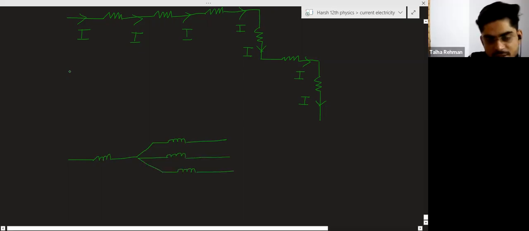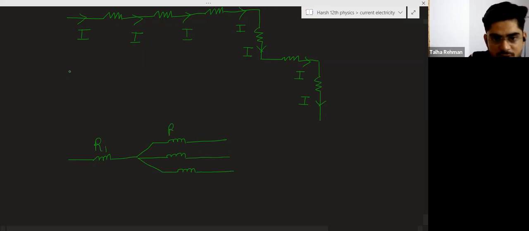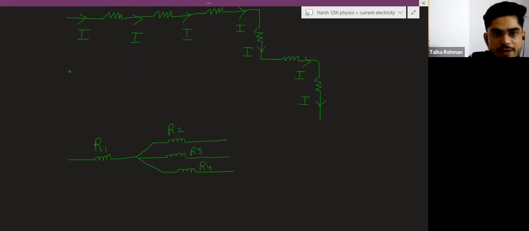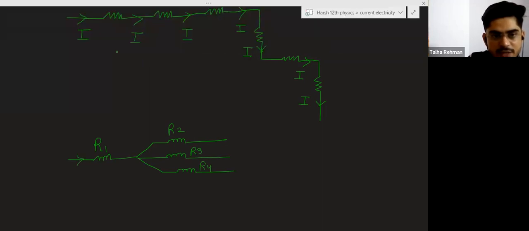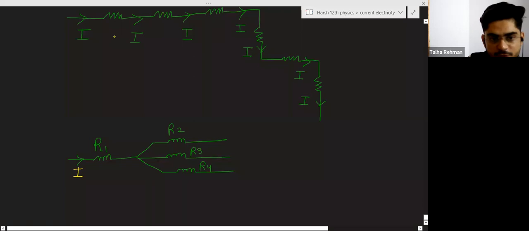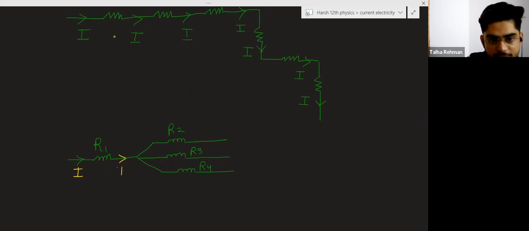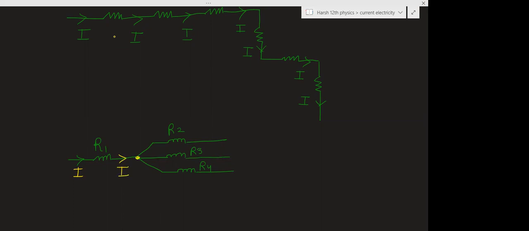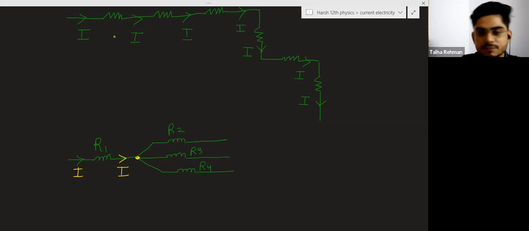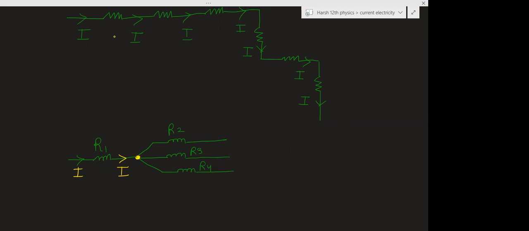With the resistance, suppose this is a resistance R1, this is R2, R3 and R4, and the current I is flowing from here to here, means in this wire the current across R1 will be I. This is the junction point, and from this junction point the current is dividing into I1, I2. Current will divide as the wire is changing from here now.